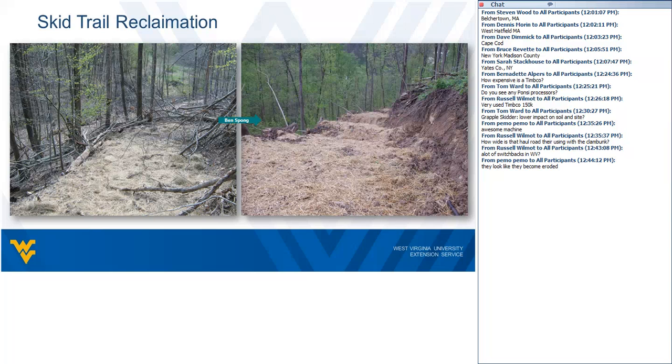So trying to get things secured on that site and stay there for the long term is what we're trying to do through these reclamation processes. So that's the basic kind of options, the main options for ground-based skidding.